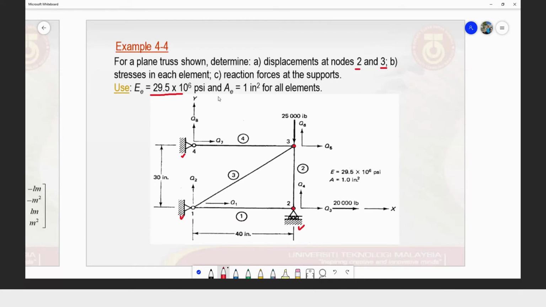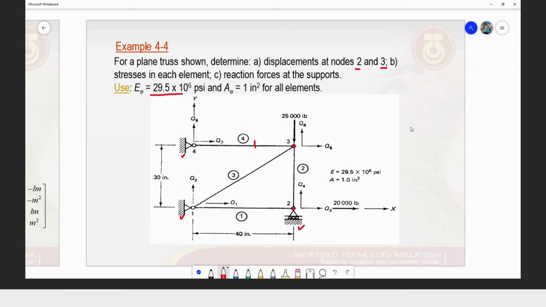All right. Given the area of each element, A here is the cross-sectional area of our element, which is 1 inch square for all elements.